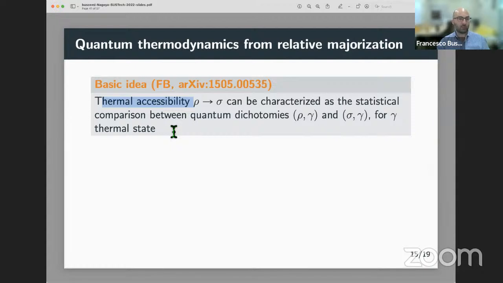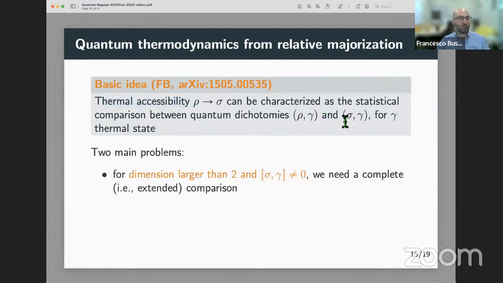The thermal state is some state given by some Hamiltonian and some temperature, and then you construct the Gibbs distribution according to these two objects. So why do we not consider the problem of thermal accessibility as a problem of comparison between rho and gamma versus sigma and gamma? We have two main problems here. First, unfortunately, Blackwell theorem for dichotomies does not generalize as well to the quantum case.